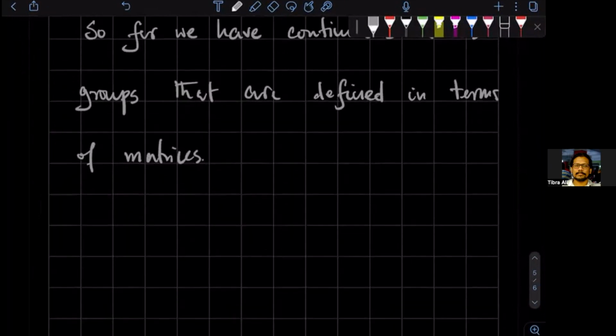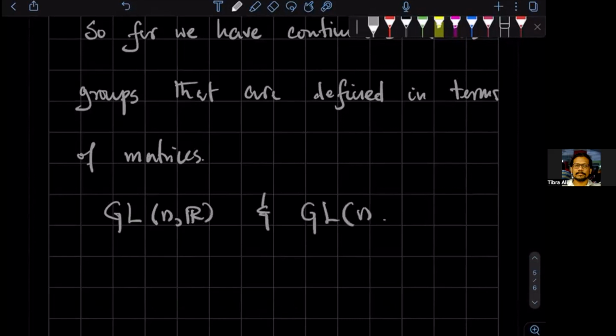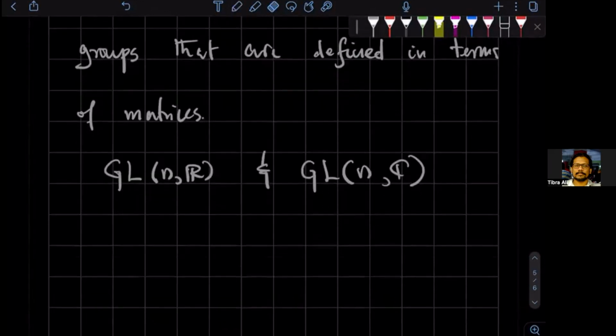So the groups like GL(n, R) and GL(n, C), these are kind of the master matrix groups. A lot of the matrix groups we're interested in are going to be subgroups of these groups. Okay, so we have met those, right?